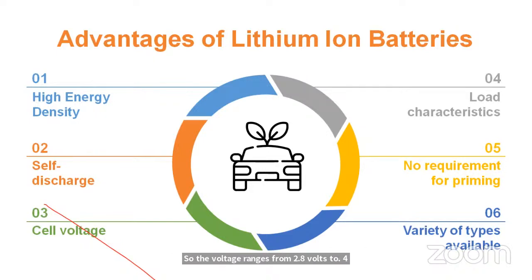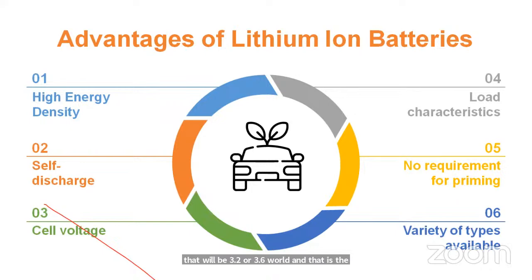But in that, for the maximum of the time, 80% of the charge time, the voltage will be around 3.2 to 3.6 volt. That is called load characteristics. So for the maximum of the time it will be a constant voltage, and that is the load characteristic.